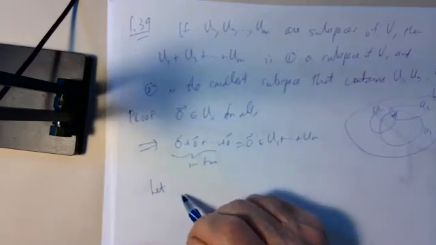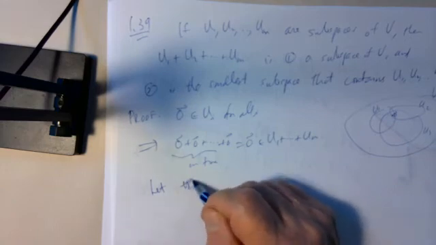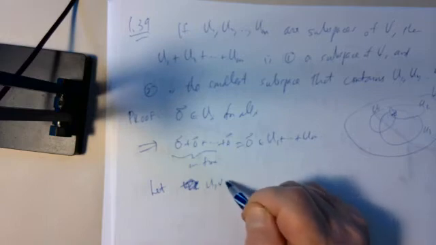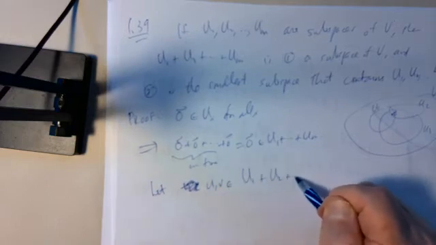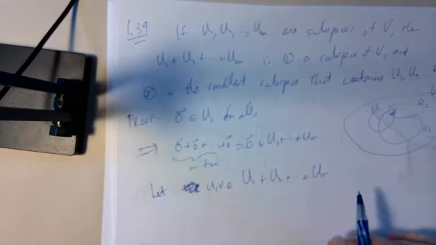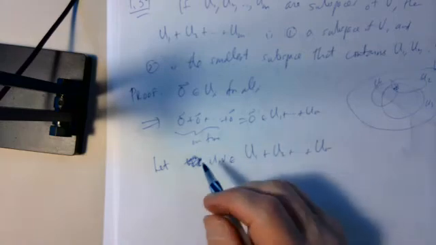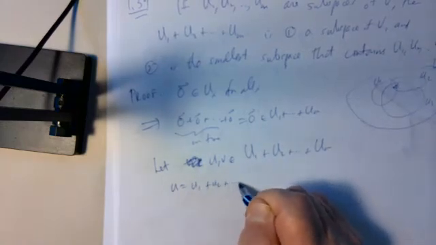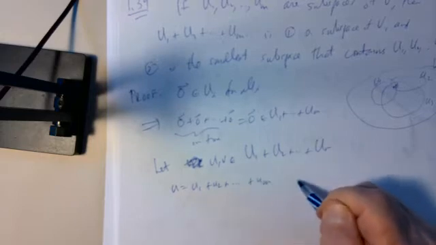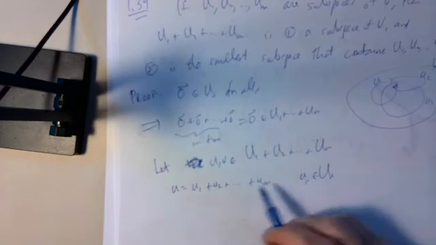So suppose u and v are two vectors in the sum set. This means that u is u1 plus u2 up to u sub m with all the u sub i's in the set U sub i.